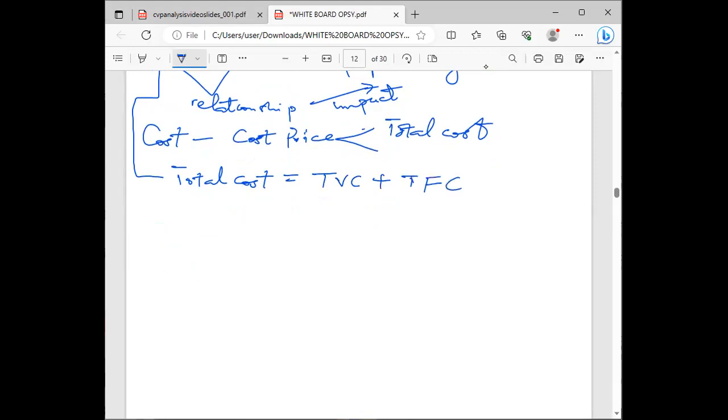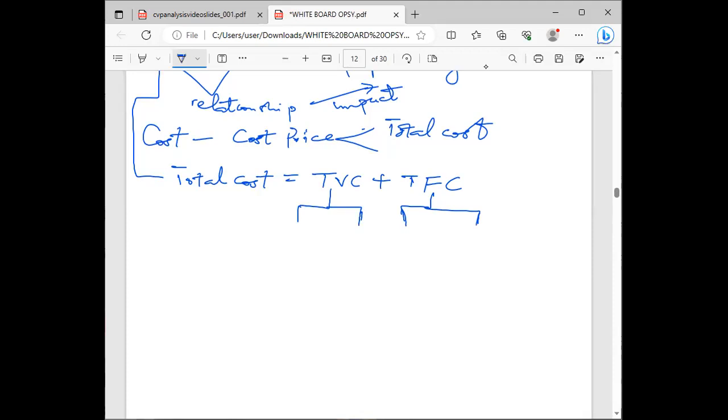By total variable cost, we mean those costs that are expected to change with changes in the level of activity. We can take the notes little by little.